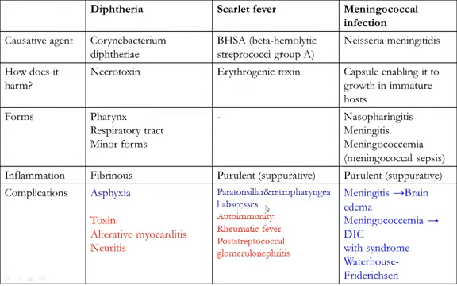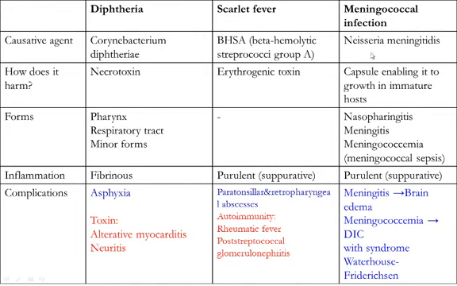When bacteria invade deeper and deeper, they can cause necrosis of tissues in the paratonsillar or retropharyngeal spaces. And autoimmune reactions against streptococci can lead to rheumatic fever and post-streptococcal glomerulonephritis. By the way, I've lectured about post-streptococcal glomerulonephritis a little bit.